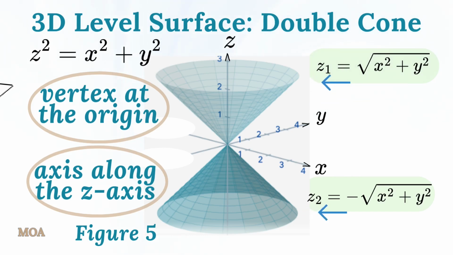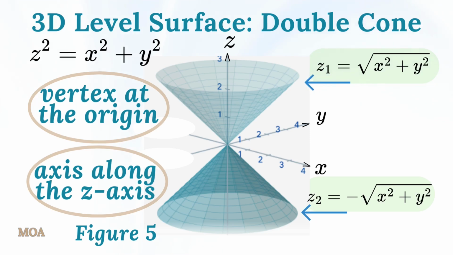This implies two solutions. First, z sub 1 equals the square root of x squared plus y squared, which represents the upward-oriented cone. Second, z sub 2 equals negative square root of x squared plus y squared, which represents the downward-oriented cone, as shown clearly in Figure 5.